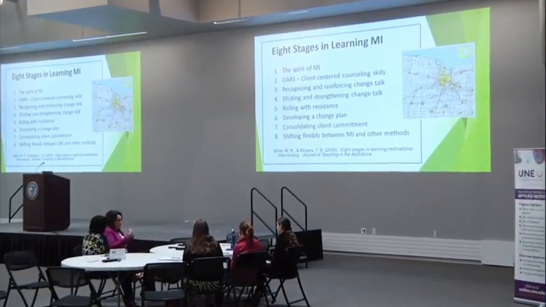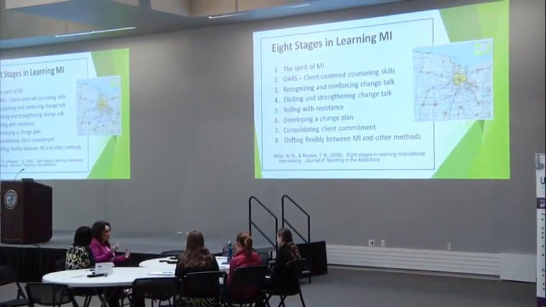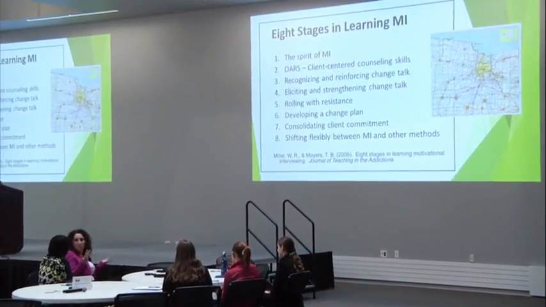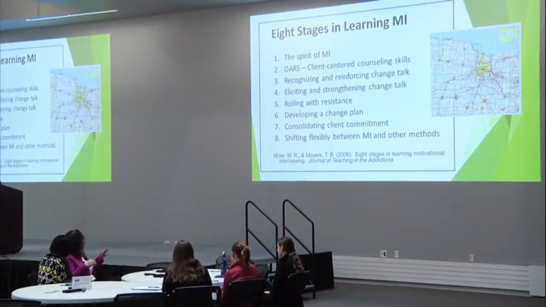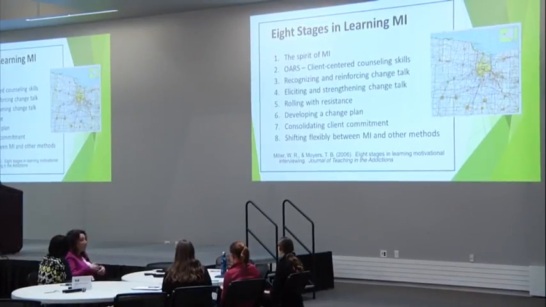If you're starting to feel that strain in your session, self-reflect and see how you're going to tweak that. Getting towards the plan, getting commitment, and then MI can fit in with some different theories and counseling styles that you are working with, so it really can fit across the board. Or you can just use straight MI.